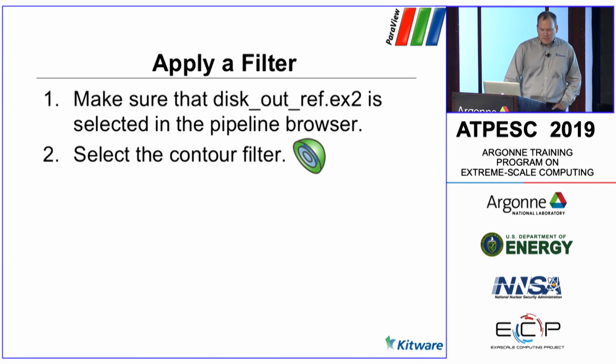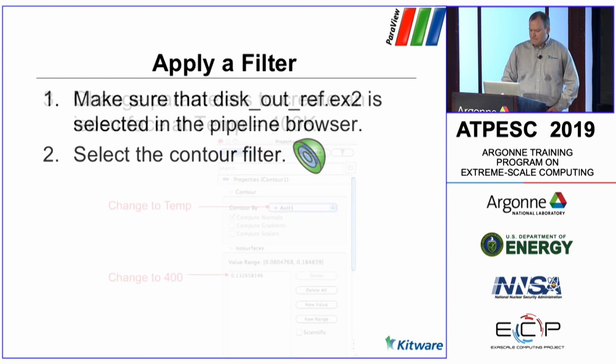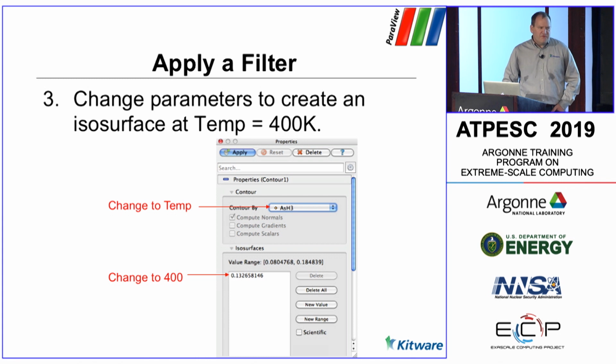Okay. So reset if you have to, open up disk out ref, load all the variables and apply the contour filter. And furthermore, choose to extract the ISO contour of the temperature array in the data and choose ISO value 400 degrees Kelvin in this case.